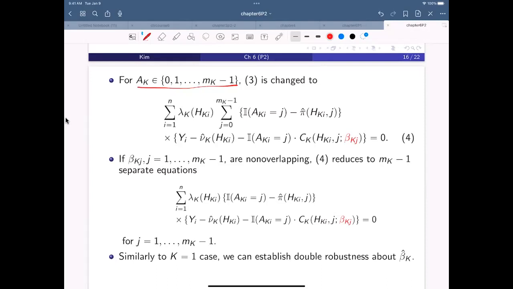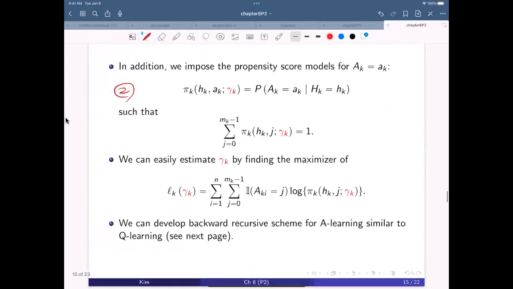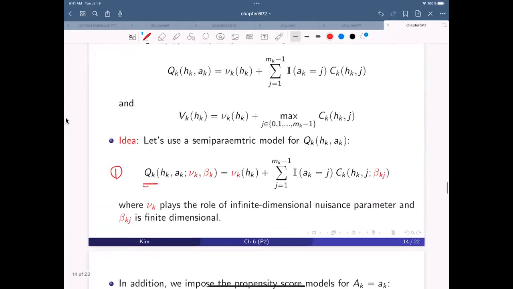But if you look at this model more carefully, this is a kind of conditional model, right? A conditional contrast model.